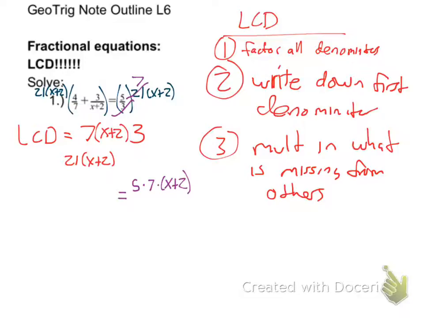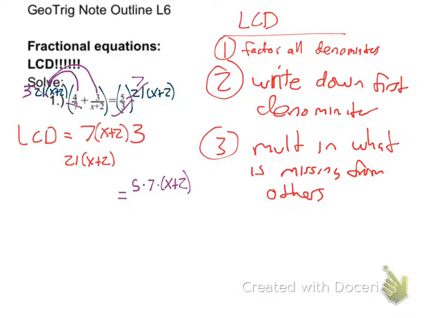Going to the left side, I'm going to take that LCD and distribute it in. Essentially, I'm multiplying the LCD to every term, just like we did to our complex fractions. And so what happens here is the 7 and the 21 cancel to make a 3.